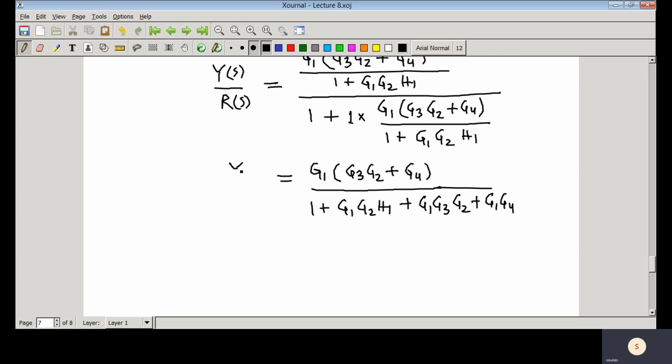So this is Y(s) by R(s), the transfer function that you have.